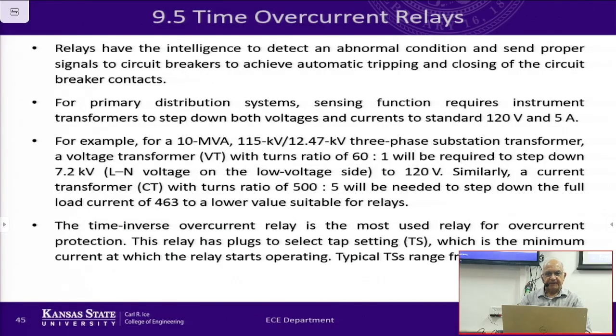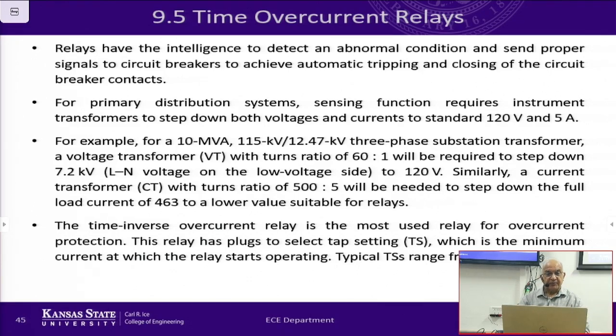They have an intelligence built in to detect abnormal conditions and send proper signals to circuit breakers to trip the circuit breaker. For example, say we have a 115 kV to 12.47 kV three-phase substation transformer with 10 MVA capacity, and then you have to deploy some relays.